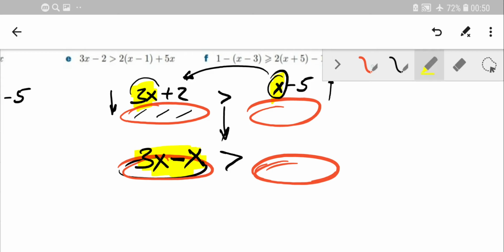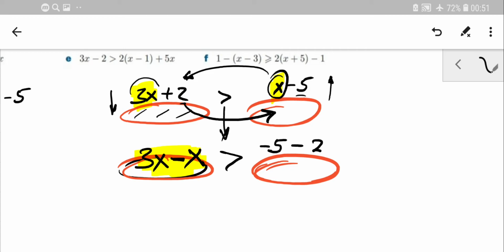Now it's time to combine all the numbers. You have -5, and if you transfer 2, you'll have -2 as well. So you'll get -5 and -2. In order to finally solve, you simplify.